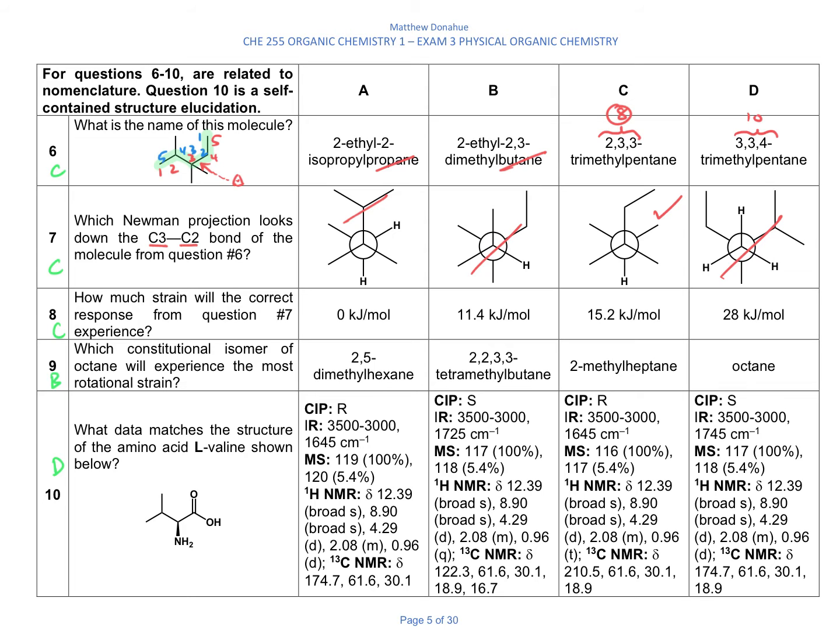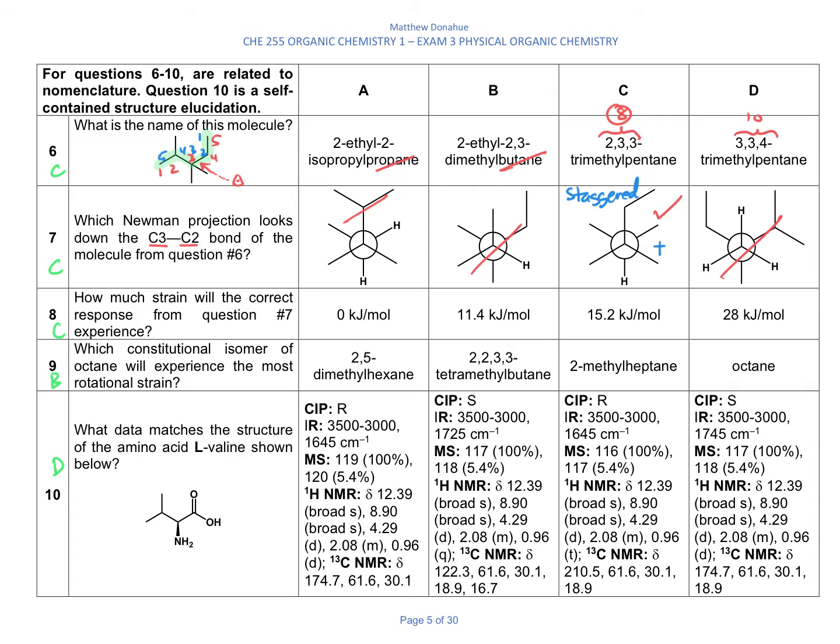Question 8, how much strain will the correct answer from question 7 experience? So we're looking at 7C. And so 7C is staggered. And so really the only penalties that we know of in staggered will be the gauche interaction. So we count those.